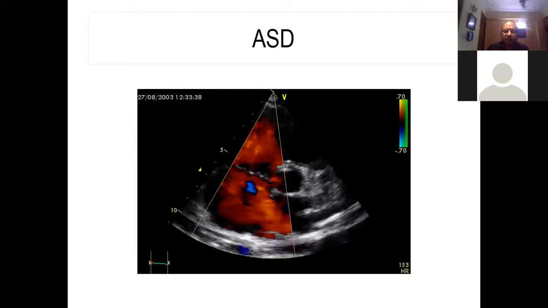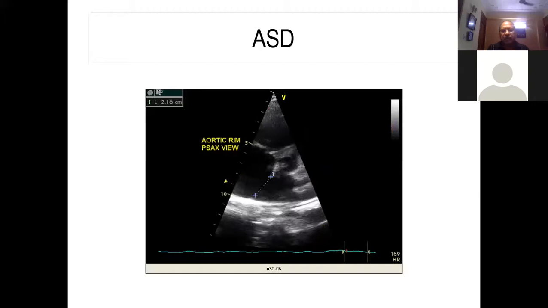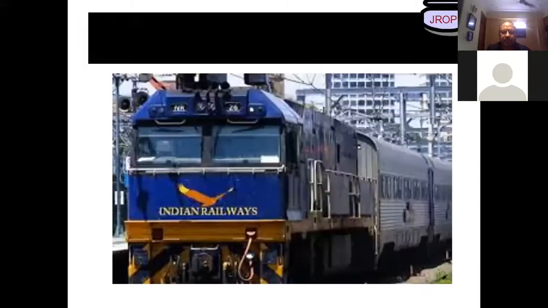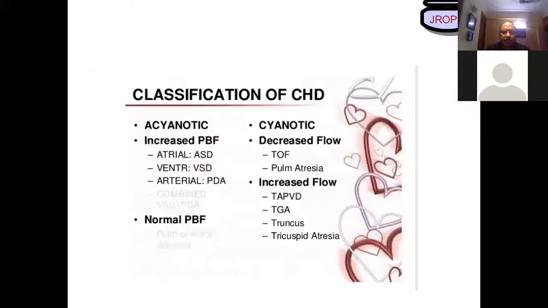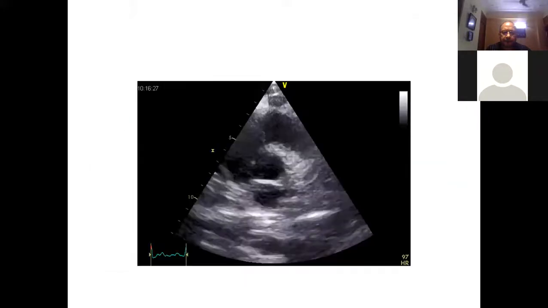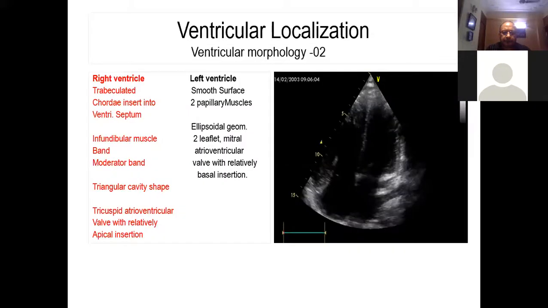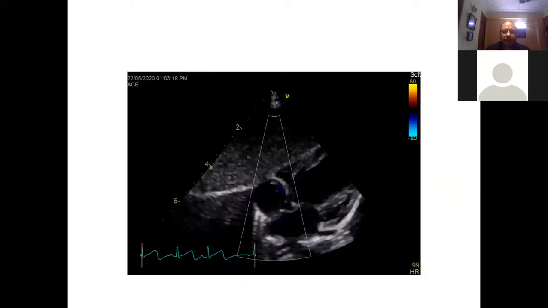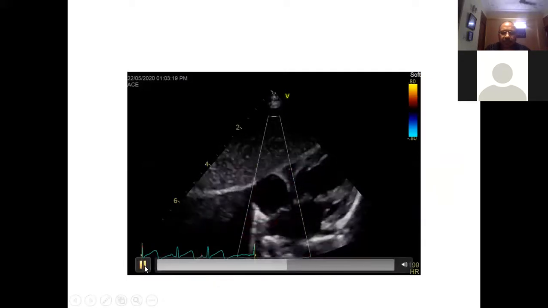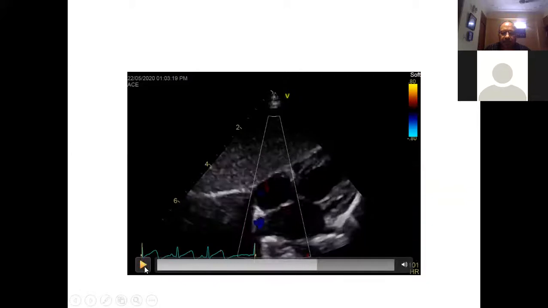Let me go to the subcostal window. So here is RA, here is RV, here is LA, here is LV. Let me go back to my previous slide over here. So where do I measure my ASD? I'm trying to show you where I measure my ASD.